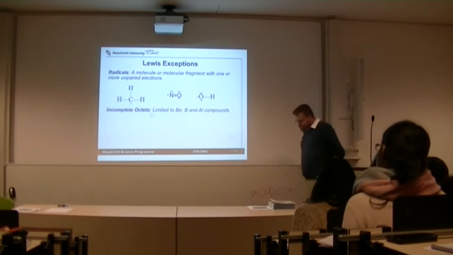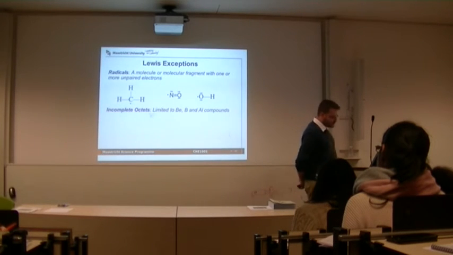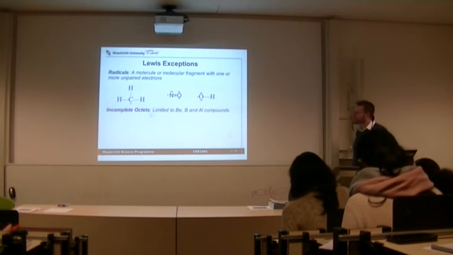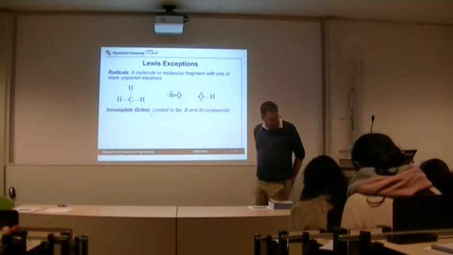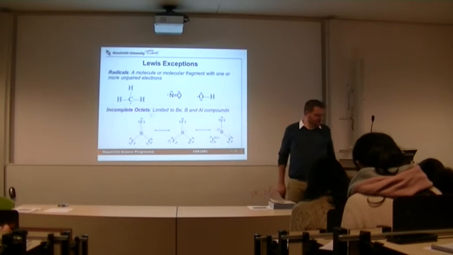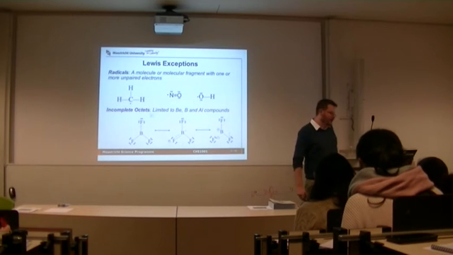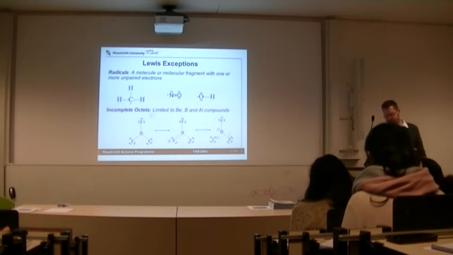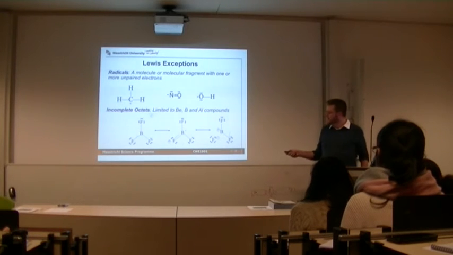We have for group 3 elements, and also for some group 2 elements, beryllium, for example, and also as you saw in hydrogen, incomplete octets. And basically, if we take, for example, boron trifluoride, BF3, if we write the Lewis structure, no matter what we do, we're going to end up with an incomplete octet, right?